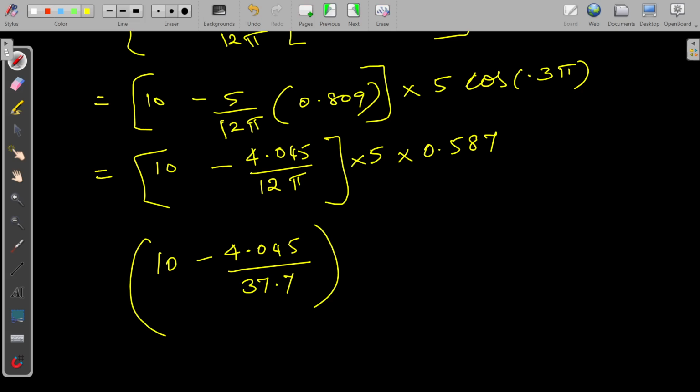This thing is multiplied by 5 into 0.587, so this is 2.935.